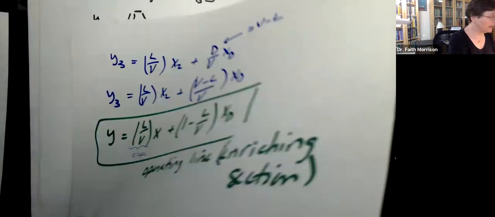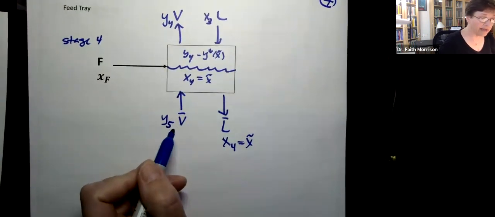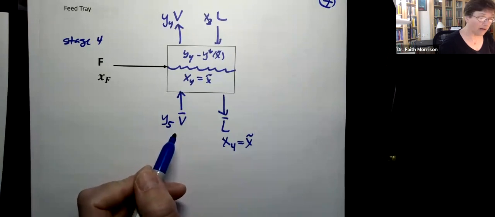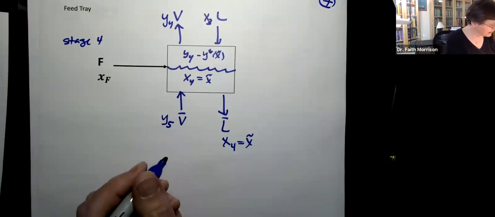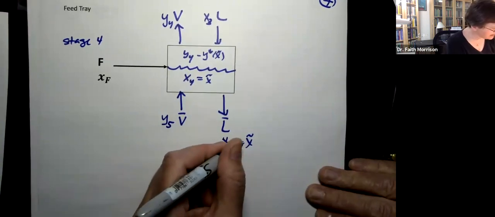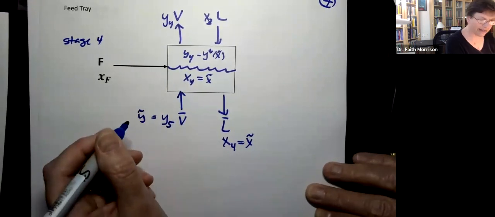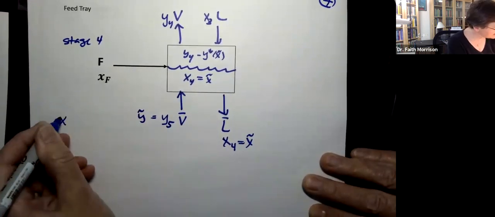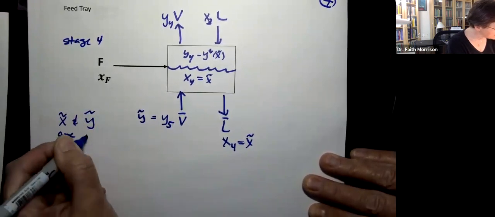And so I should be able to plug in the passing streams for this. And so the passing streams are X tilde here, and I'm going to call this one the other passing stream, Y tilde. Okay, so X tilde and Y tilde are passing streams.